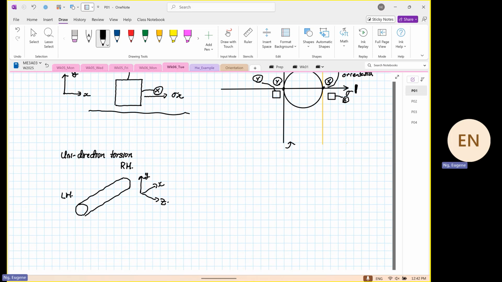What I want you to do with your right hand and your left hand is this: your right hand will twist towards the board. The left hand will go away from the board. Okay, don't do anything yet. Bear with me.